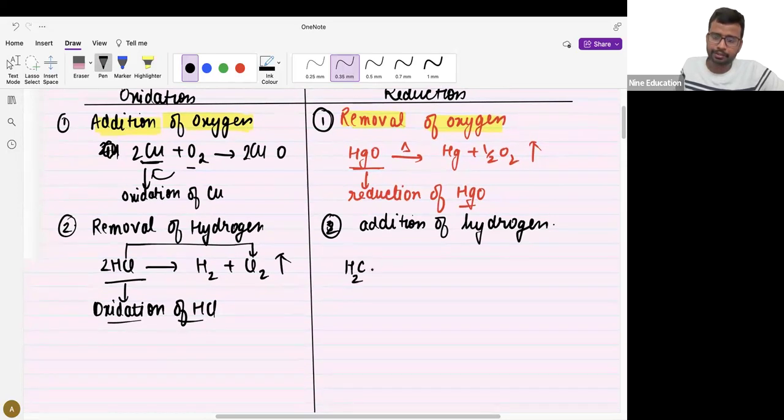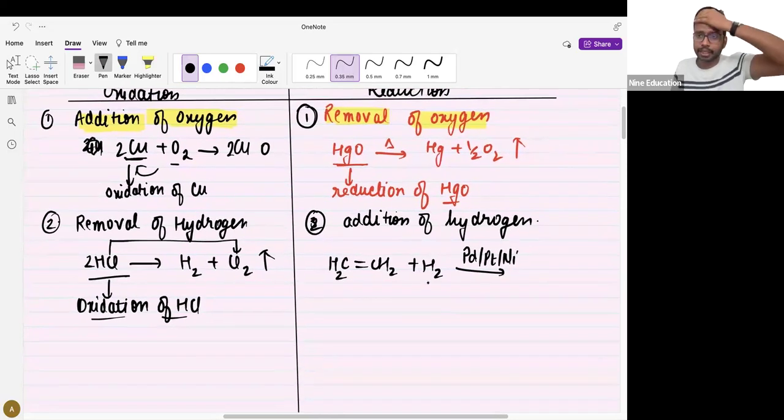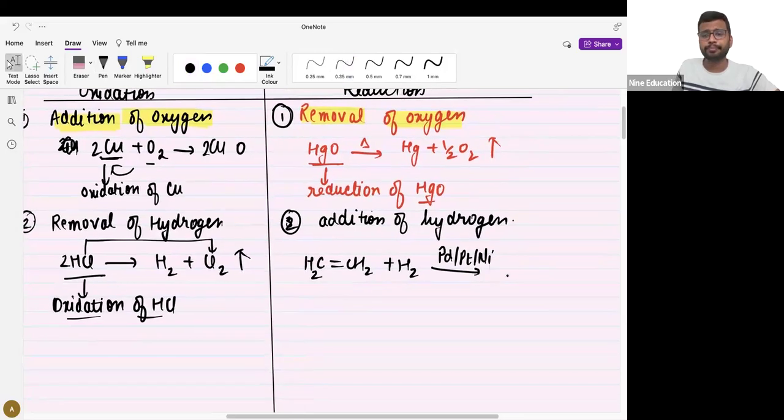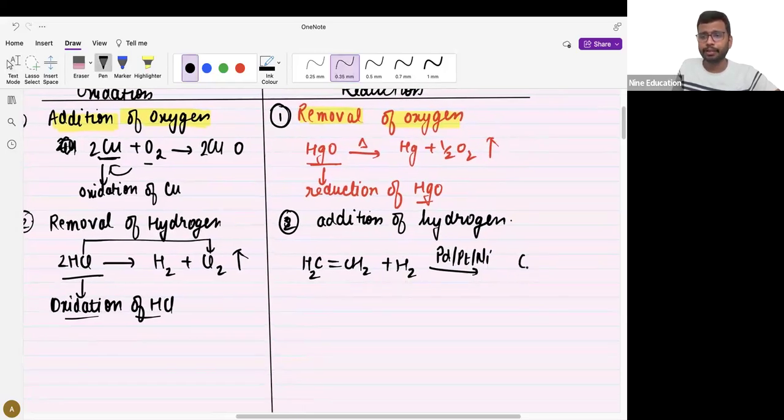Let's say we have CH2 double bond CH2 and we add hydrogen in the presence of nickel, palladium, platinum. You have learned hydrogenation reactions of alkene. If you add hydrogen on alkene, you will get CH3.